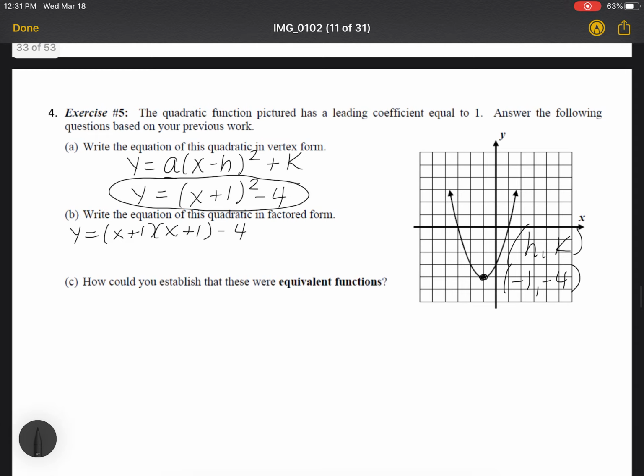If I'm squaring x plus 1, that means x plus 1 times x plus 1. I'm going to FOIL: x squared plus x plus 1 minus 4. And then finally I have two sets of like terms I can combine here to give us x squared plus 2x minus 3.